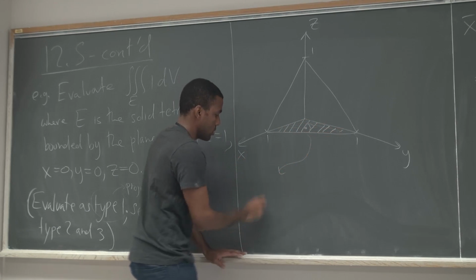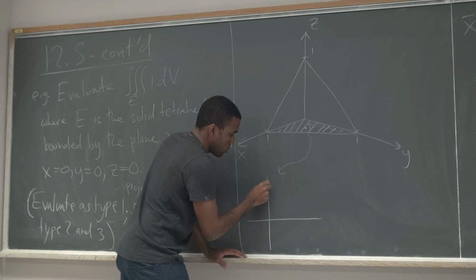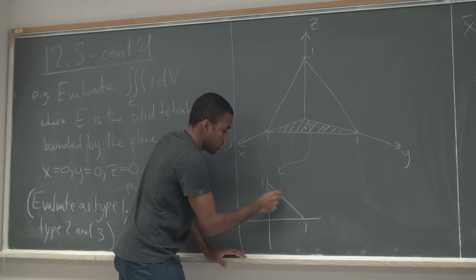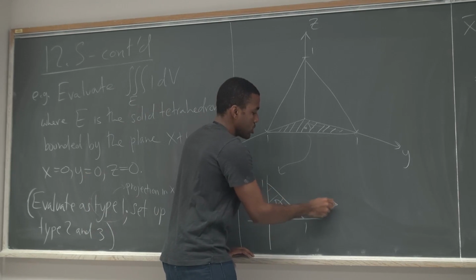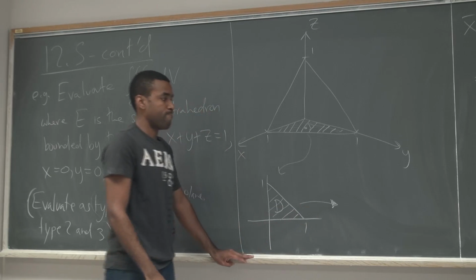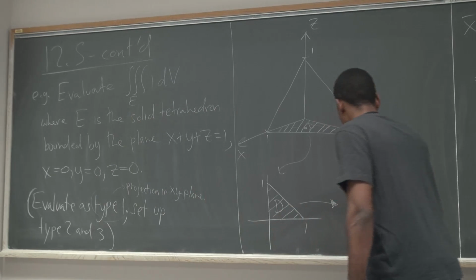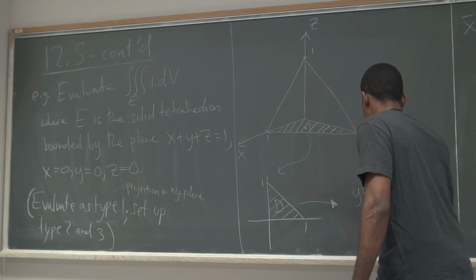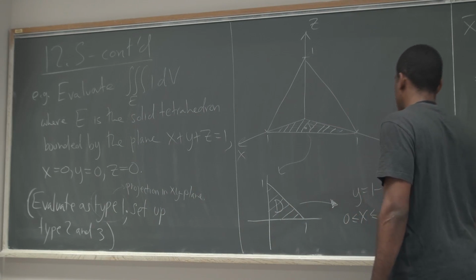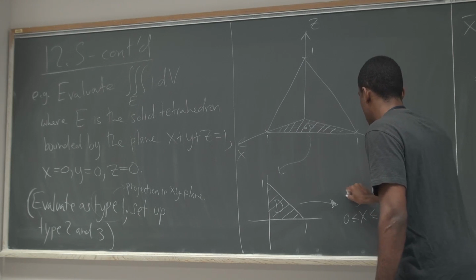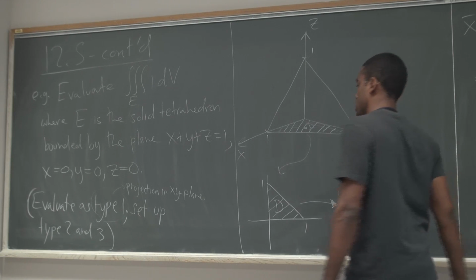Which means my region of projection would look like this, with points 1 and 1. Which means that could be described how? y equals 1 minus x, and x goes between 0 and 1. So y would go from 0 up to 1 minus x.